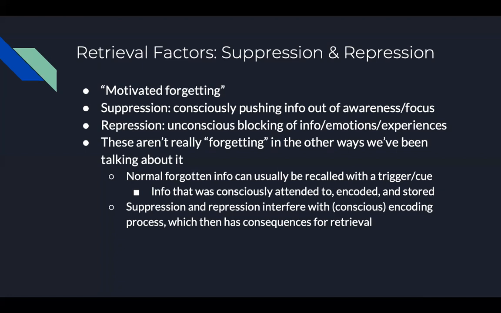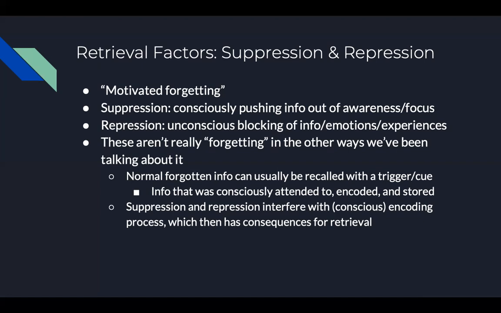And then of course, as we've learned about the process of learning and memory, the encoding, the storage, and the retrieval are all interconnected. So what happens at one level often has consequences for processes at a different level. So if there's encoding that is interrupted in some way by either suppression or repression, this is of course going to have consequences for our retrieval ability.